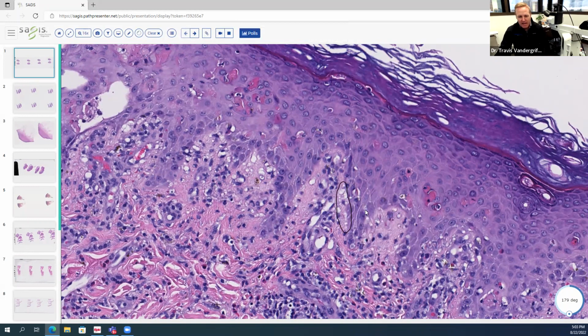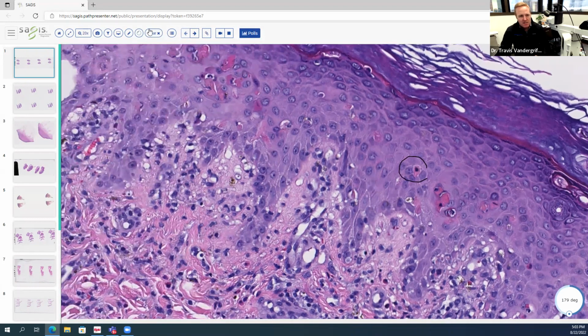Sometimes that can be a tough decision. If you find dyskeratotic keratinocytes in the epidermis, especially if they're numerous, that really confirms your observation that the reaction pattern is vacuolar interface dermatitis.